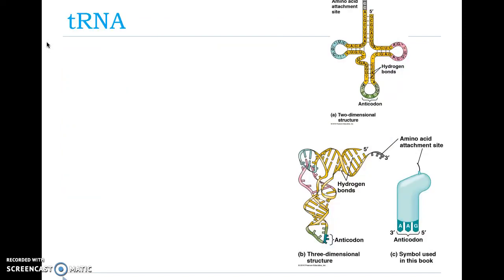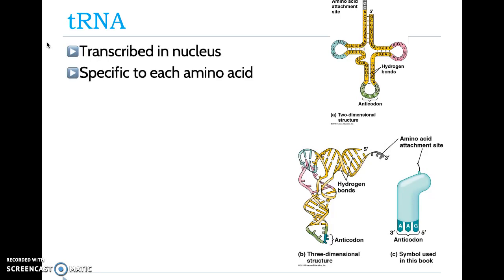You should understand a little bit about tRNA since it's so important in translation. First, it is transcribed or synthesized in the nucleus. Every tRNA molecule is specific for an amino acid, which is transferred to the ribosomes, and the tRNA molecule also has a code on it, a 3-letter code or nucleotide triplet.